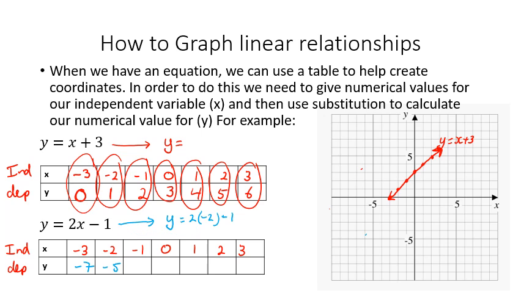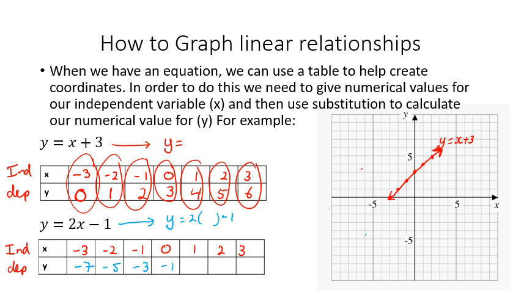Now I'm going to do the exact same thing. I'm going to now put in my -1. Two lots of -1 is -2, take 1 is -3. And you should start to see a bit of a pattern here. I'm now going to put in my 0 value. Two lots of 0 is 0, take 1 is -1.